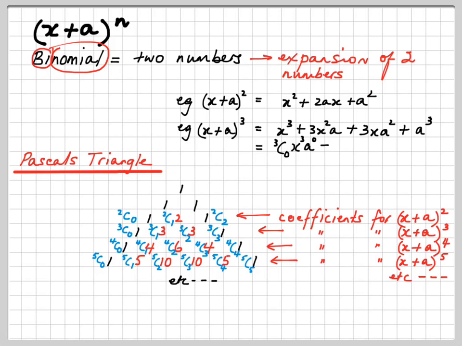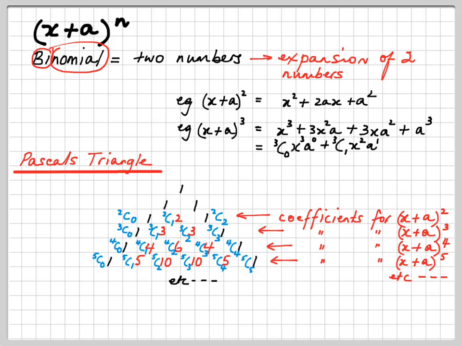Now, the next term could be written as 3c1, which is 3, times x to the 2, and you'll note that the x to the 2 is 1 less than it was in the previous term, being 3 in the previous term, and a to the 1 being 1 more than the exponent in the previous term, where a was a to the 0.